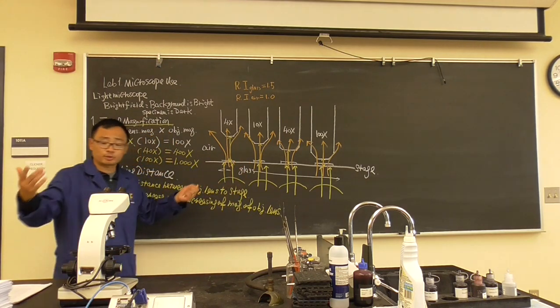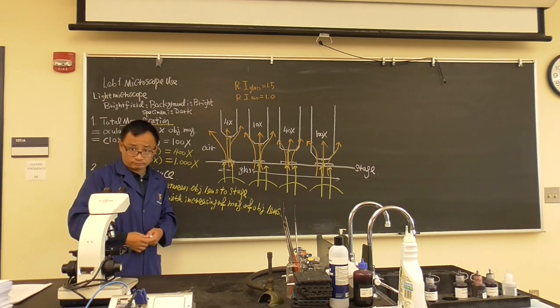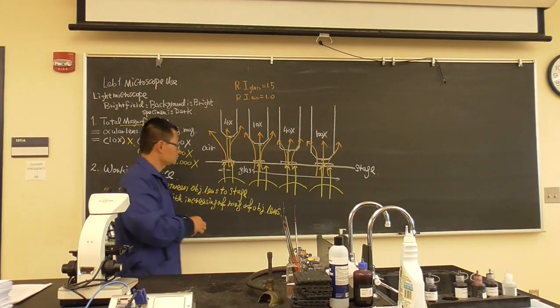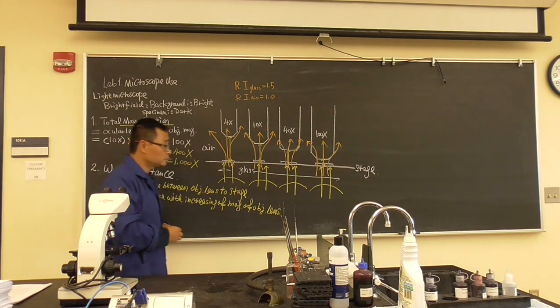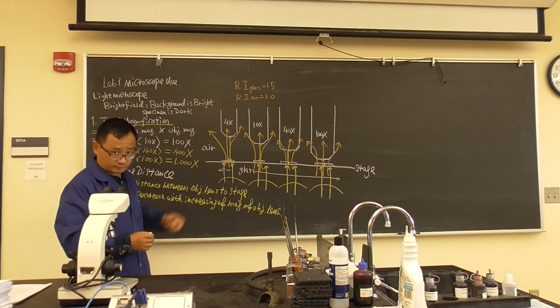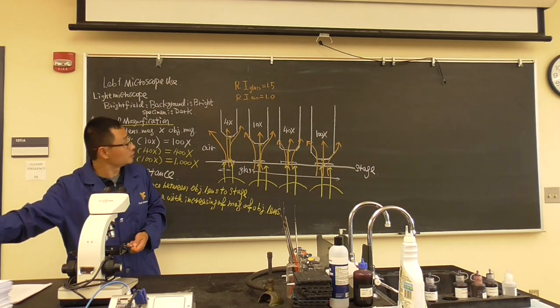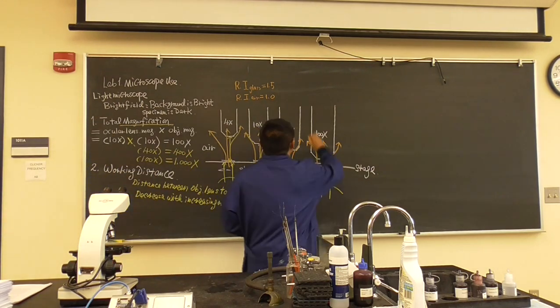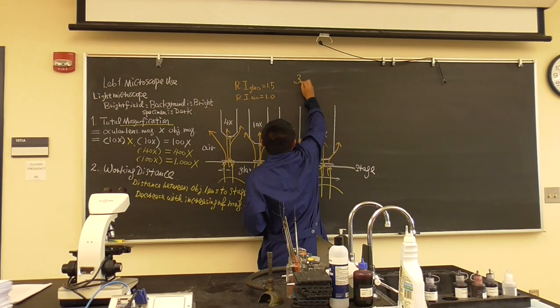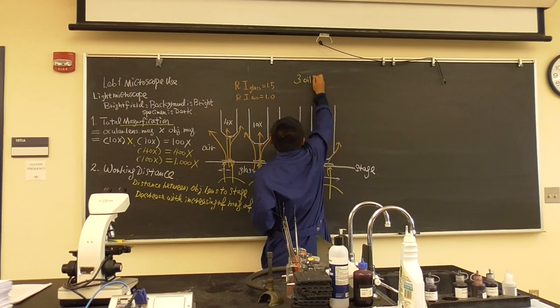So how to solve this problem? We need to find something that can remove this air gap. What is that? One drop of oil. Therefore, we come out with the third concept, oil immersion.